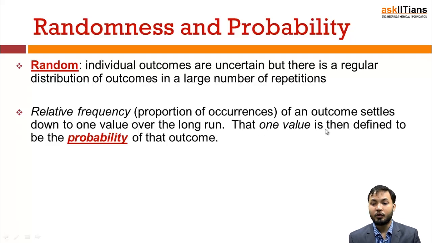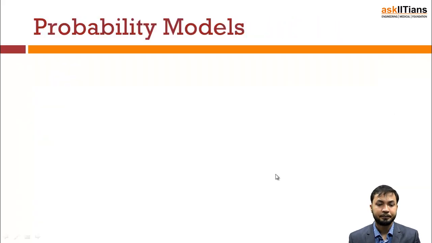That one value is then defined to be the probability of that outcome. So basically when we conduct an experiment over a long period of time, over a set of 100,000 maybe, we get to understand what is the actual probability that we have to consider.